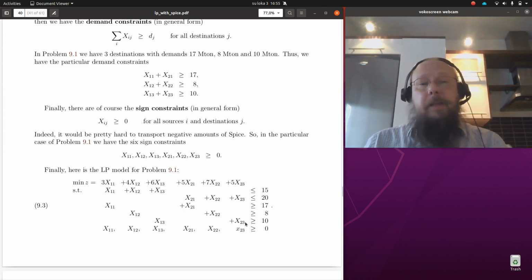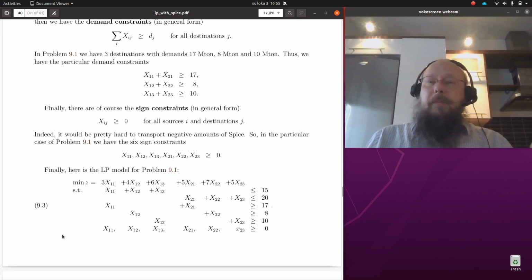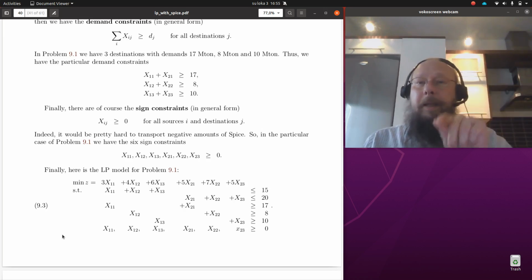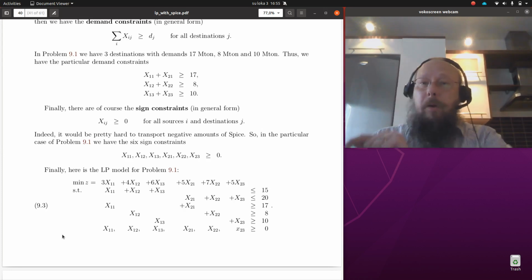It's not standard because there are lower bounds here and upper bounds here, and it's even a minimization, but it is in the form that we have seen LPs, where the variables are all in their own column. So here you see x11 has its own column, x12 has its own column, same for x13, and then x21, x22 and x23.